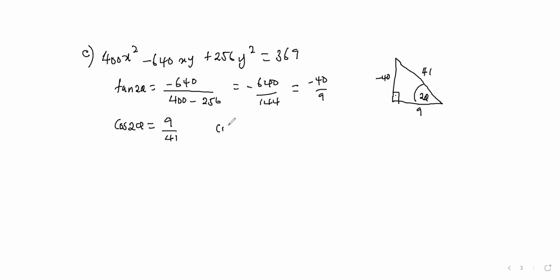And then I want to find cos theta. So cos theta is the square root of 1 plus cos 2 theta over 2. And then sin theta is the square root of 1 minus cos 2 theta over 2.